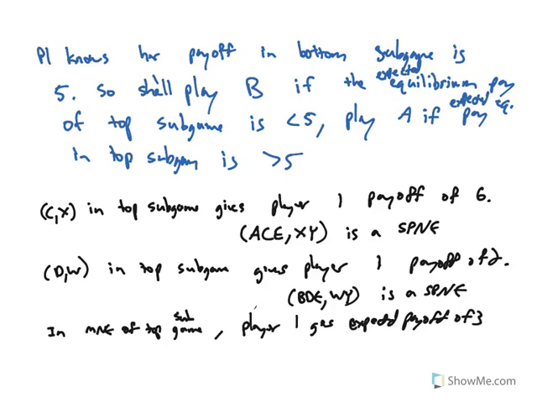So she's going to want to play B. We know how the bottom goes. The bottom is played as EY, right? But then the top game is also played in the mixed strategy of the first one, which is 50-50.